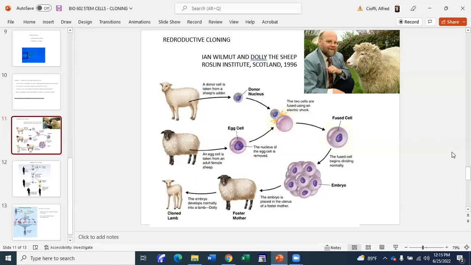Exactly, and that was happening to Dolly. Somehow her cells were reproducing faster, and so she was aging faster than normal.